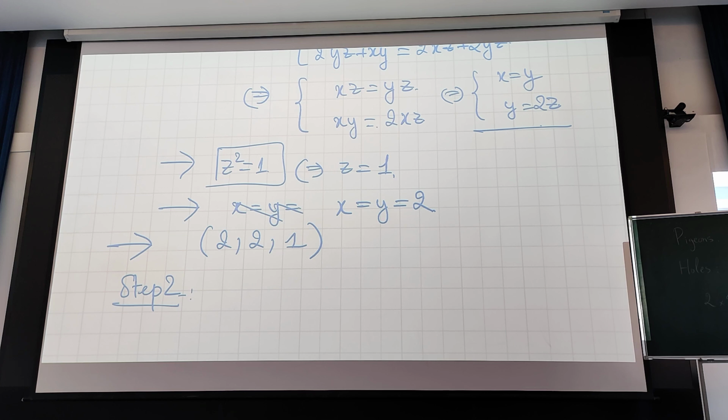But we have only 1 point. So how do we know if this one is global maximum or global minimum? Do you have any idea? We have only 1 point and we don't have other points to compare.